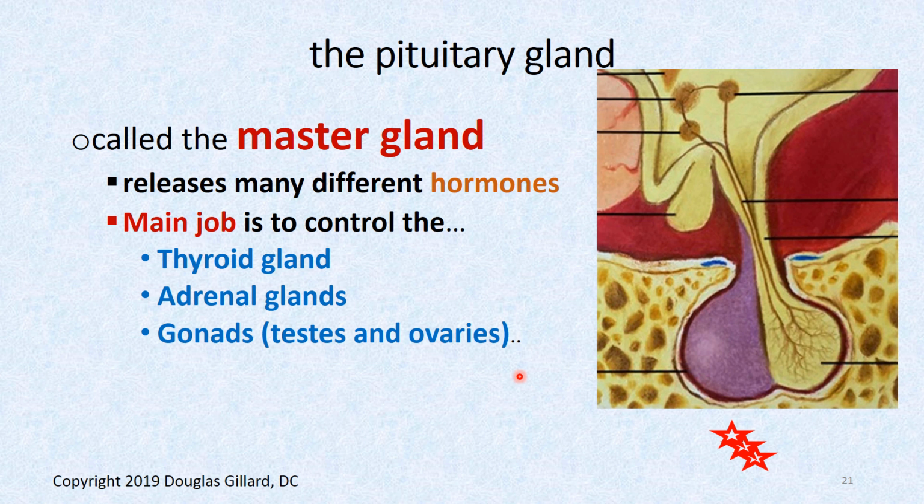The pituitary, of course, is called the master gland because it controls so much. It's super, super important. The 3 main jobs: it has control over the thyroid, the adrenal gland, and the testes or ovaries, the gonads if you want to say those collectively. But this is pretty cool. We'll look at these supraoptic nuclei and paraventricular nuclei here in a second.